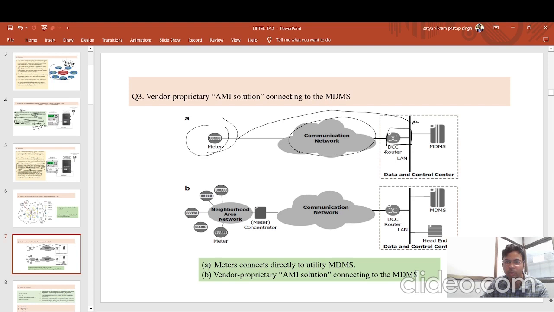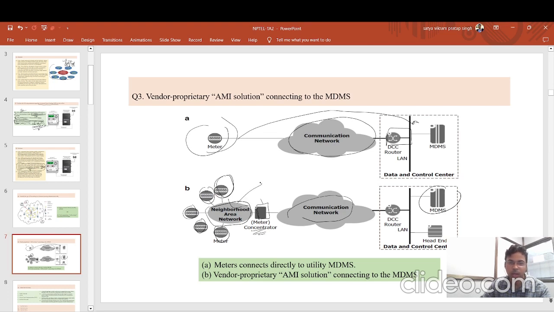And in the second you can see multiple smart meters connected to a neighborhood area network, which is connected to the meter concentrator, and then to a communication network. So between the MDMS and your smart meter, there are a number of subsystems.